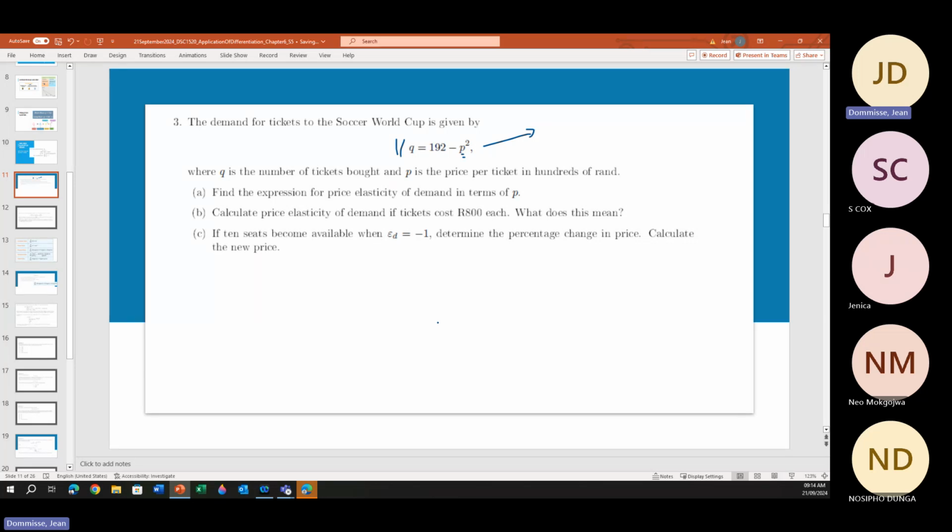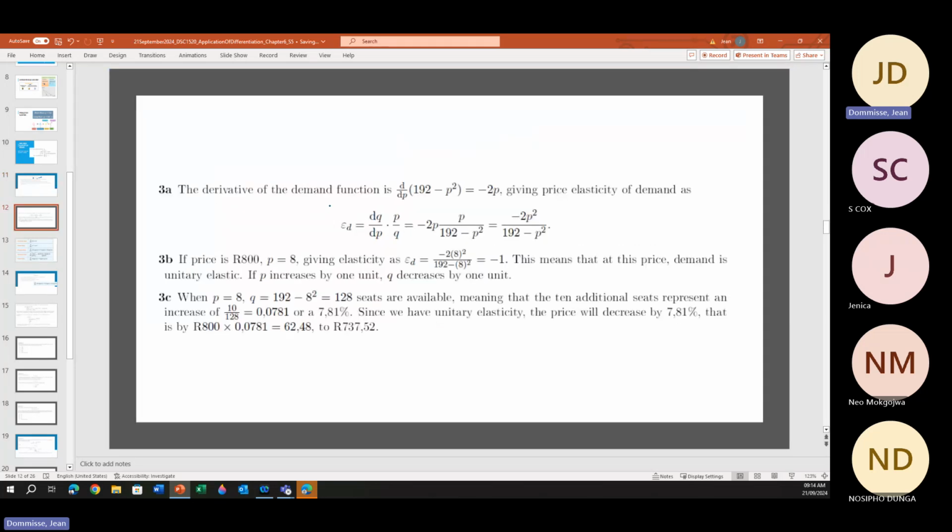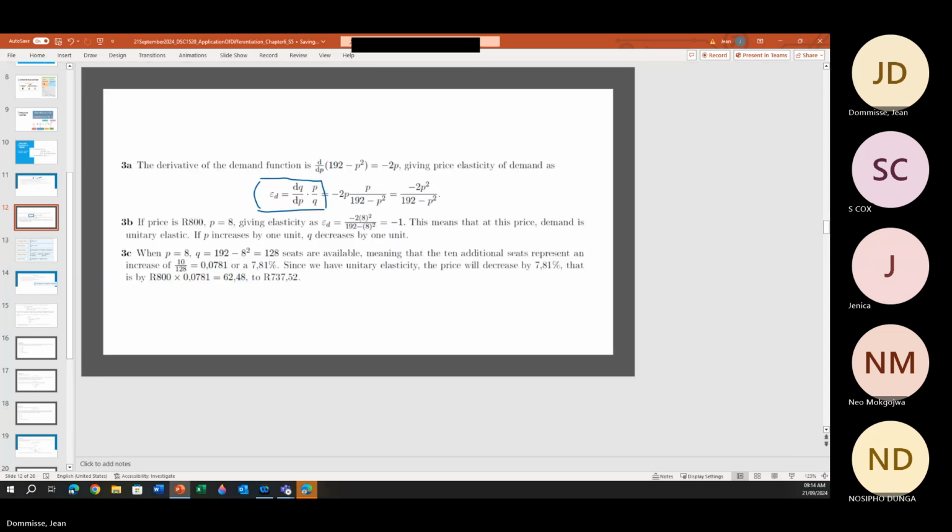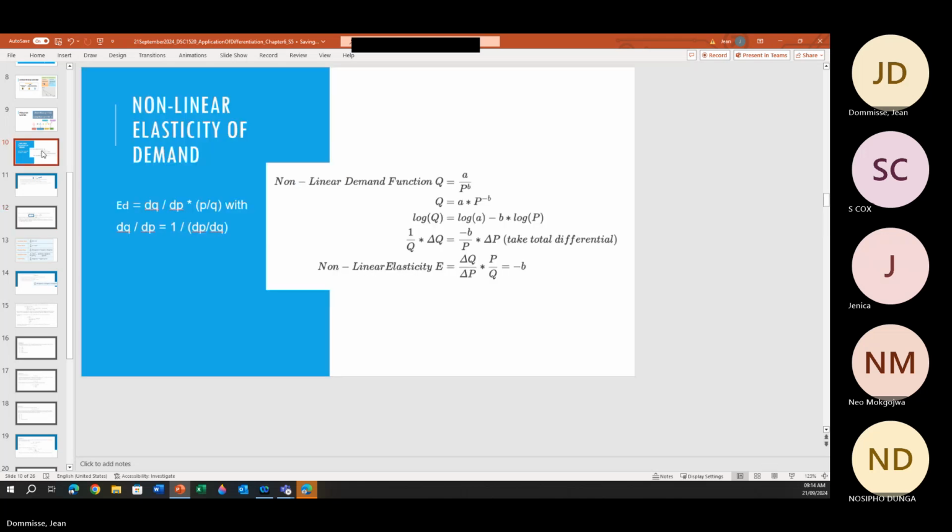Okay, so all that we need to look at now is elasticity of demand.